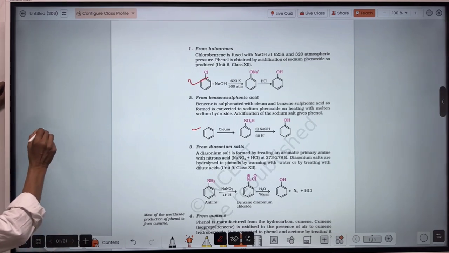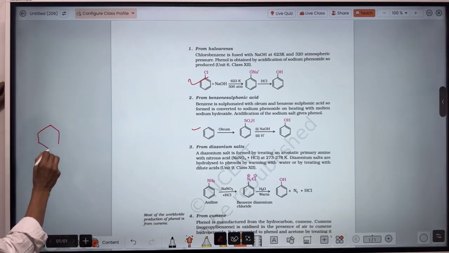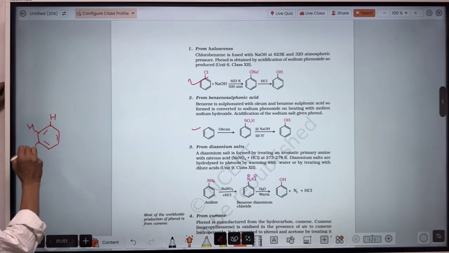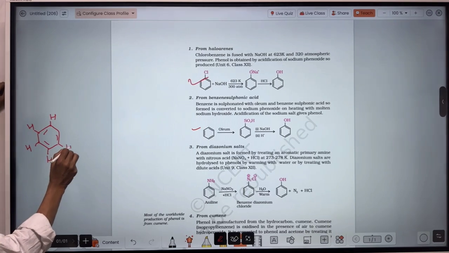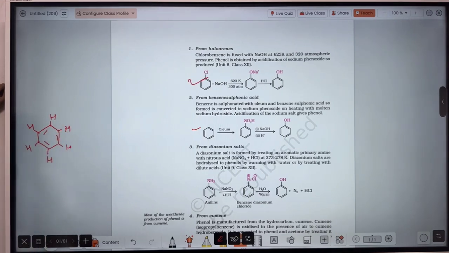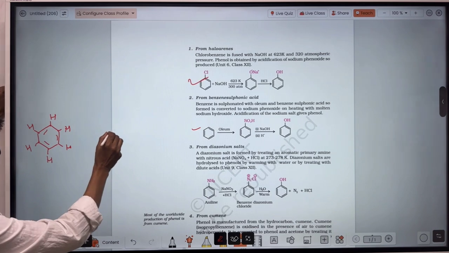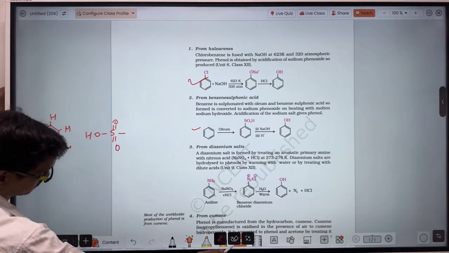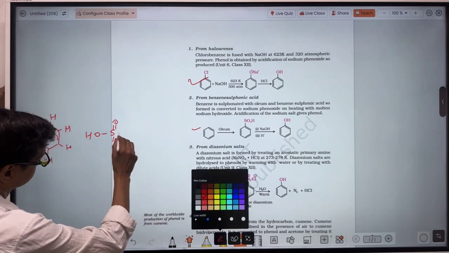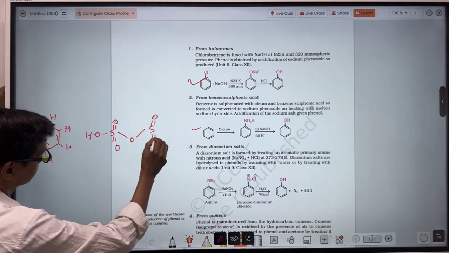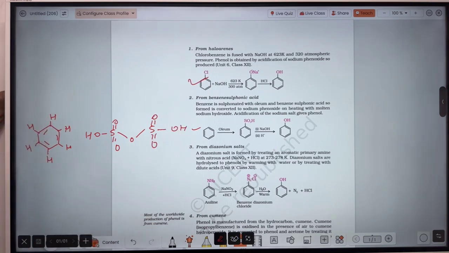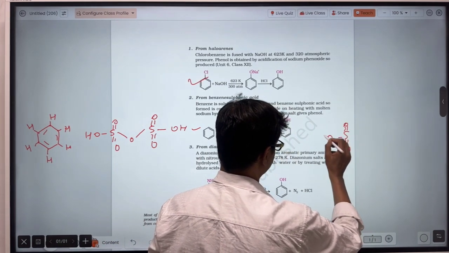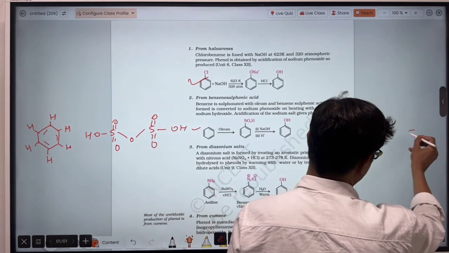About the structure, I am also telling you about the reactions. Here is benzene, so at every carbon atom there will be a hydrogen. The structure of oleum is actually formed when two sulfuric acids combine together, like this sulfuric acid and another sulfuric acid here.